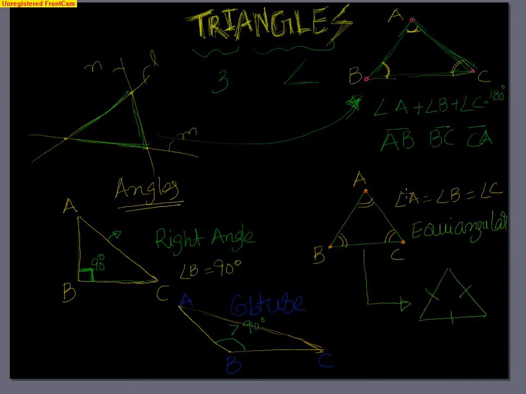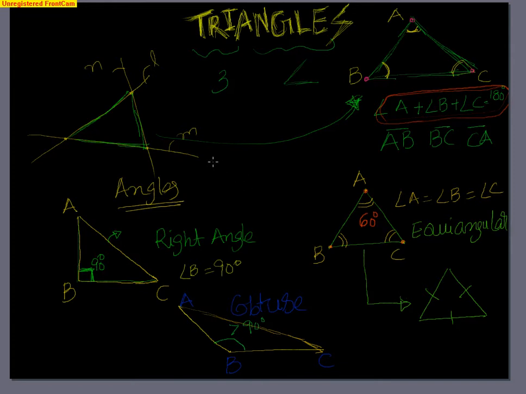That means angle A is equal to angle B equal to angle C, and angle A plus B plus C is equal to 180 degrees, and this is equal to this, so that gives me, yes, you are right, perfect, it is equal to 60 degrees, 60 degrees, 60 degrees. These are the types of triangles we can classify them into.